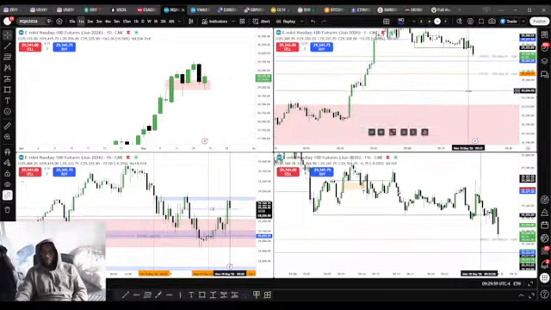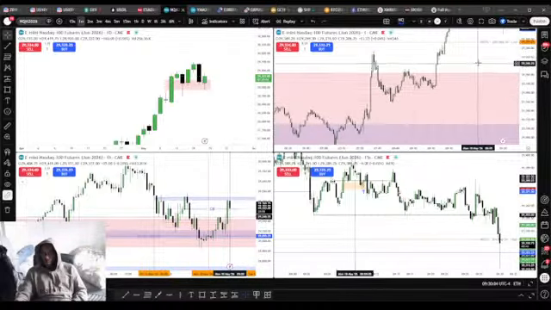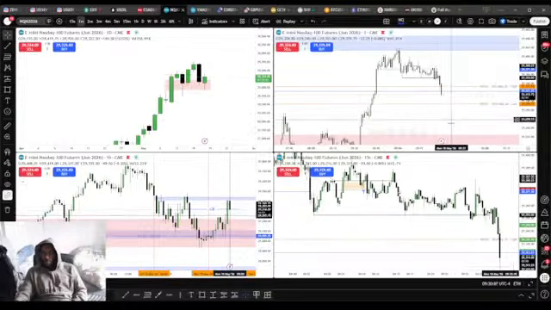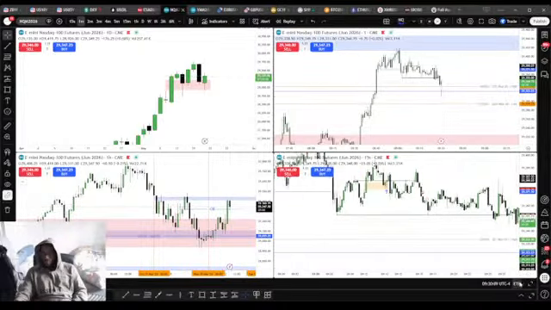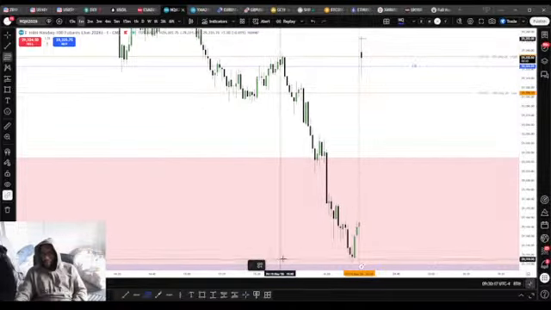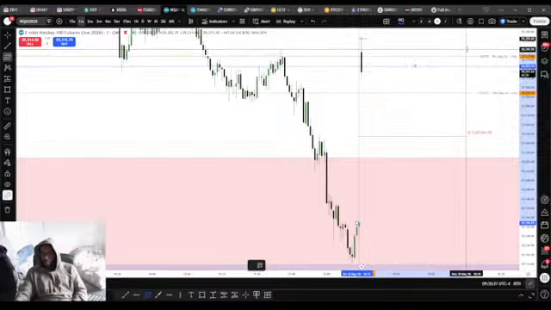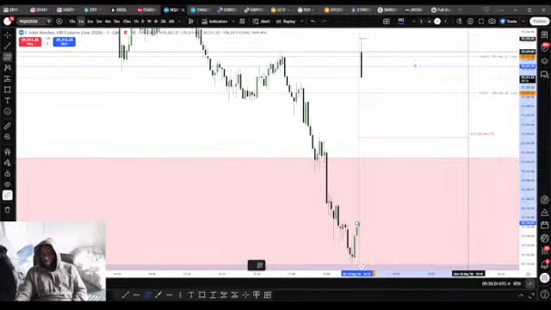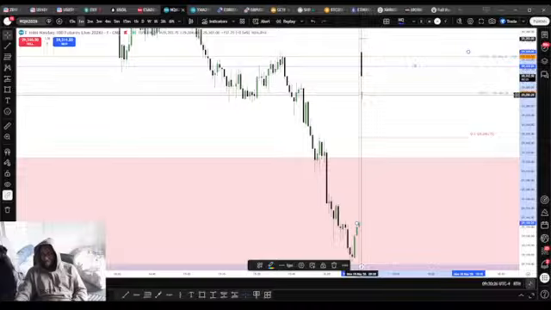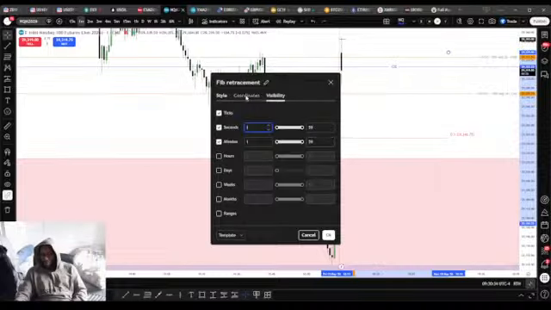Minute time frame, we have London, we have the lows there. Massive gap. $338.50.